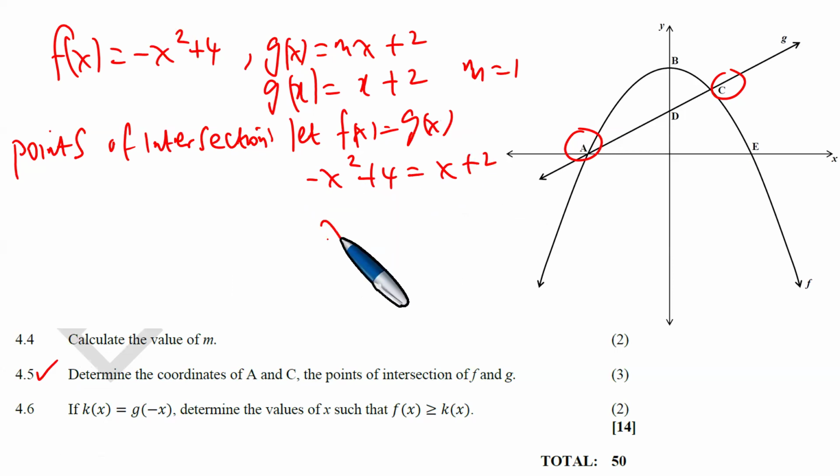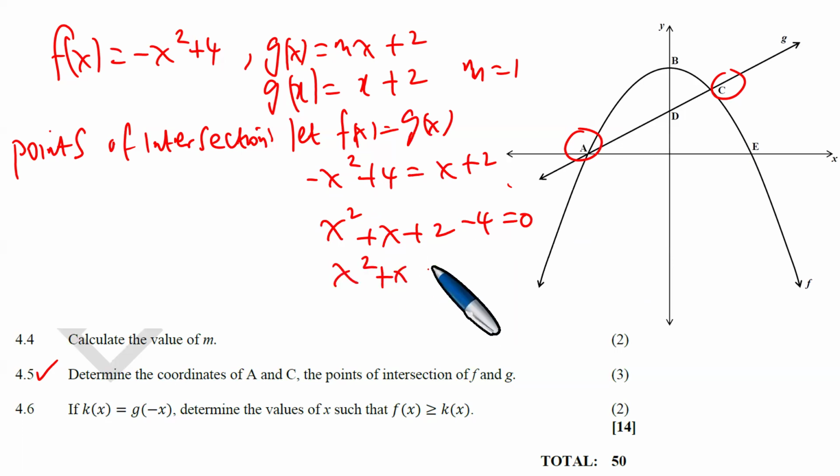Transpose the x squared to the other side, and then bring the x over as well. Then there's the 2, and the 4 becomes negative. So you move everything to the other side and you're left with 0, which we write on this side. Getting x squared plus x minus 2 equals 0.